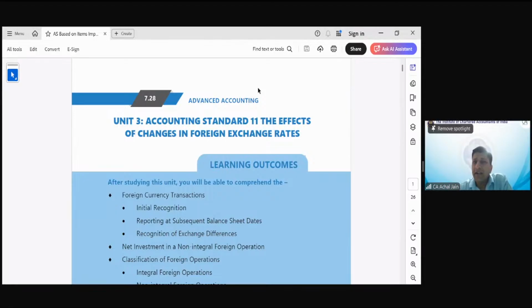See, anything that you do in the financial statements, anything that you record can be done using two bases. Either you'll know the amount with certainty, or you'll not know the amount with certainty. So that's where you make estimates, correct?